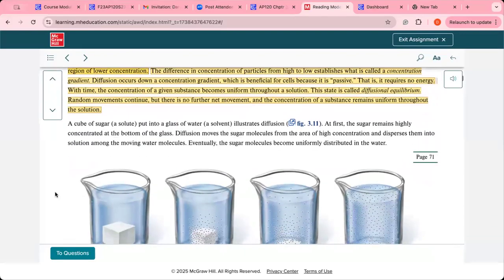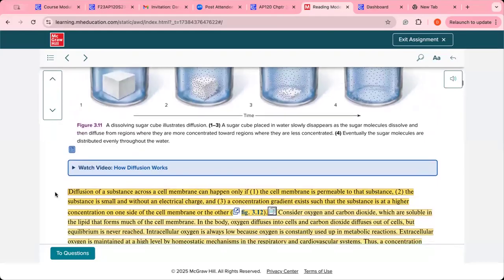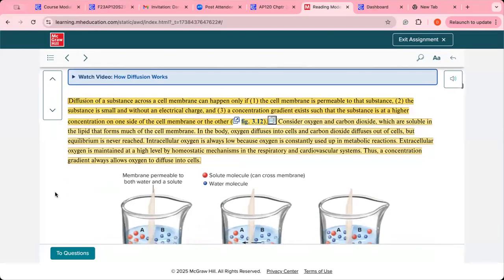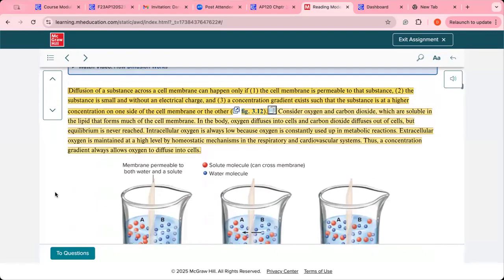Keep going. We read about the sugar. Keep going. Okay, so here it says, consider oxygen and carbon dioxide, which are soluble in the lipids that form much of the cell membrane. Oxygen diffuses into cells and carbon dioxide diffuses out of cells, but equilibrium is never reached.